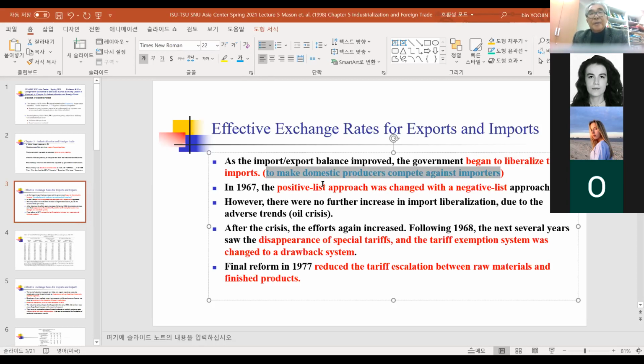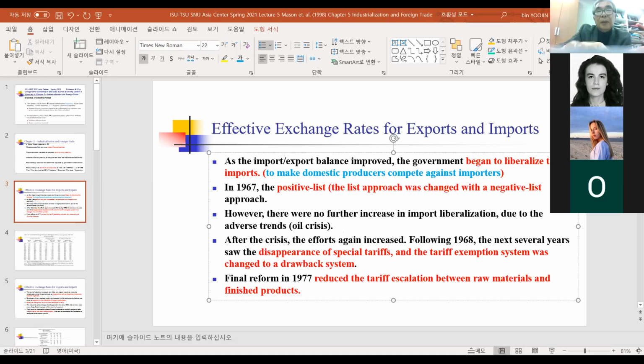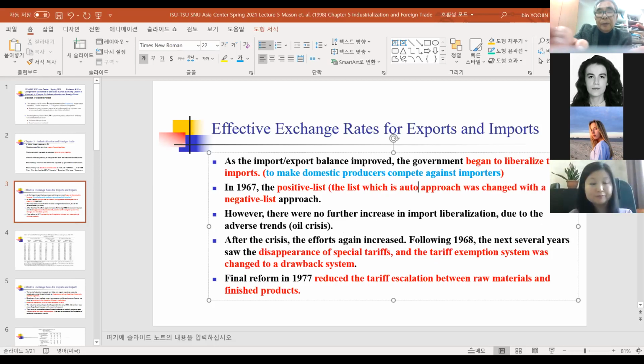Positive list means the list which is automatically approved for importation.